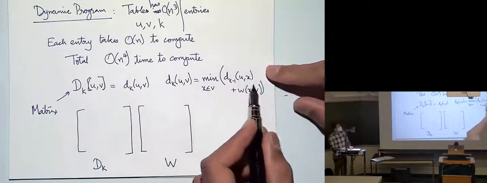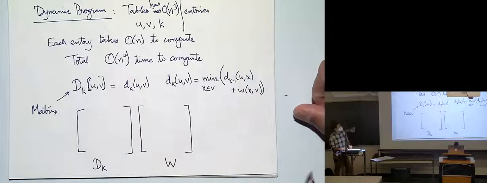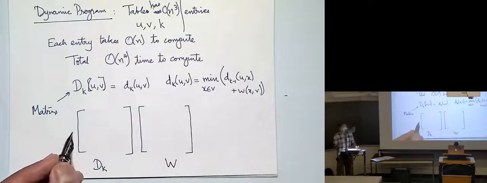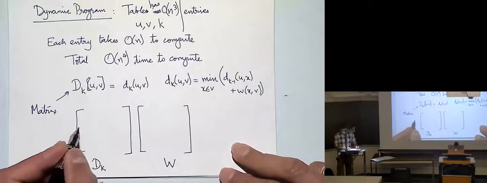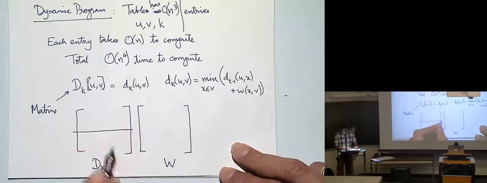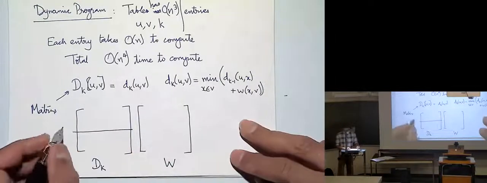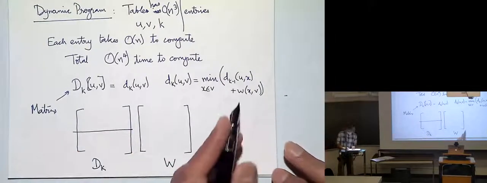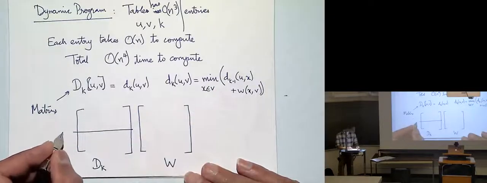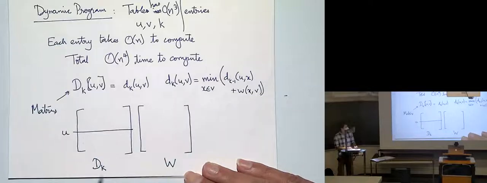Now, look at this computation again. You can think of it as follows, because I'm also going to use some kind of symmetry here. So let us look at this as the row corresponding to u.